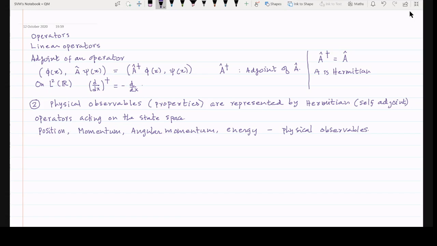Now, these Hermitian operators have certain interesting properties. One of the properties that we can see is that the eigenvalues of a Hermitian operator are real.